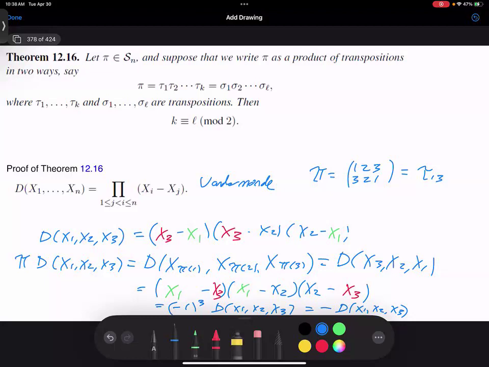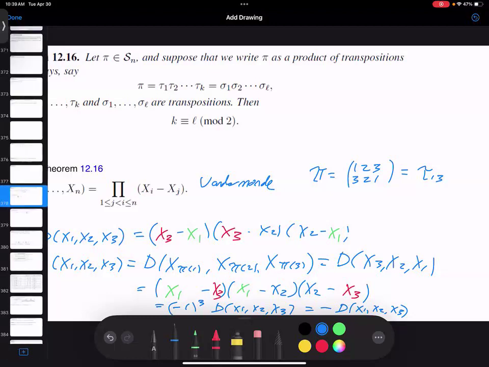Yeah, because I can write any permutation as a product of cycles. I can write any cycles as a product of transpositions. So any permutation is just a product of transpositions. So if I can figure out what a transposition does, I can figure out what a product of transpositions does.